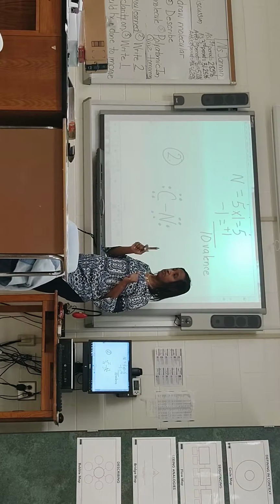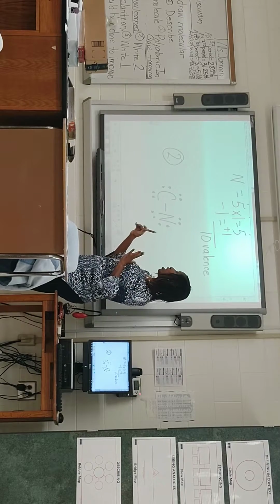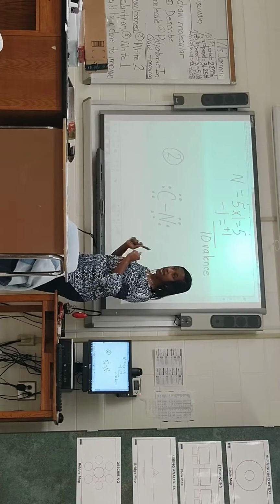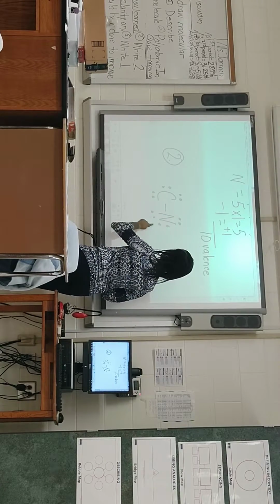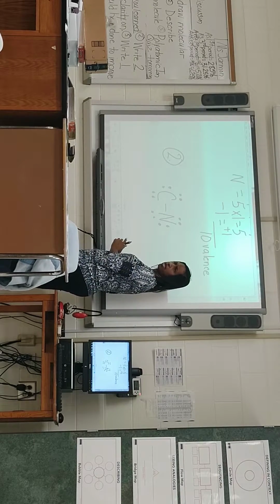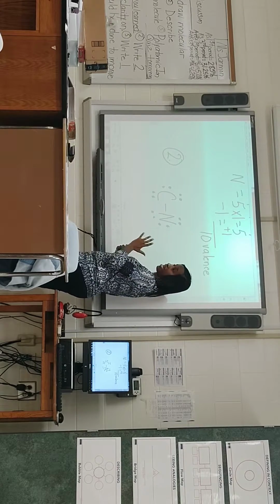You're going to have to use a pencil. Sometimes we're going to have to go back and erase. I met my perfect 8, but did I meet the 10? Let's count. 1, 2, 3, 4, 5, 6, 7, 8, 9, 10, 11, 12, 13, 14. That's way too many. The rule says I have to have 10.